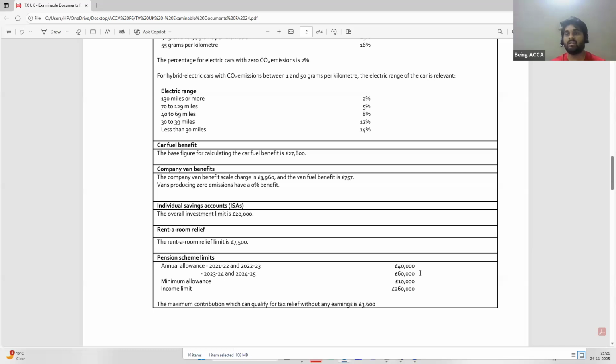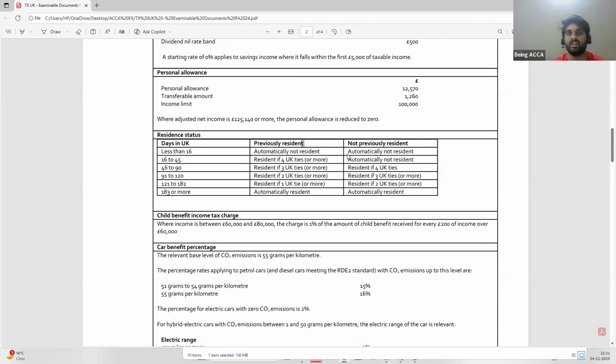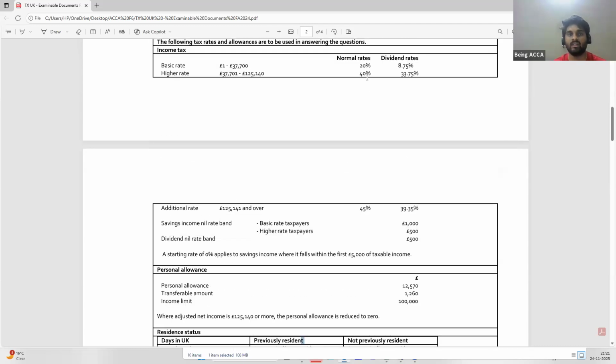And coming to the next thing that most of the students make a mistake in when computing dividend income: they usually tend to take the same percentages that are for non-savings income and savings income and forget to take the dividend rates, which is a major mistake that I have found most students make in the earlier mocks as well.